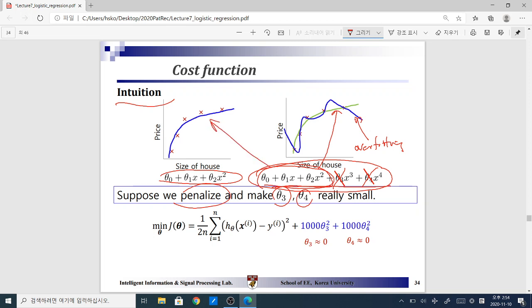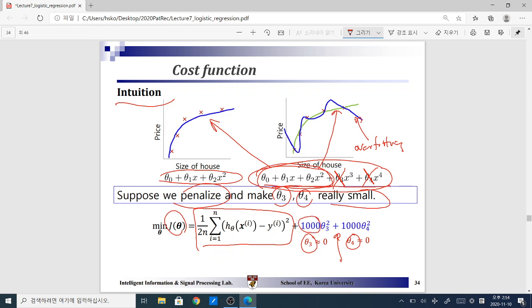For example, you could have the usual cost function J, but then we add two more terms there, one having to do with theta 3, and another one having to do with theta 4. And how do we penalize theta 3 and theta 4, that is, make them very, very small?